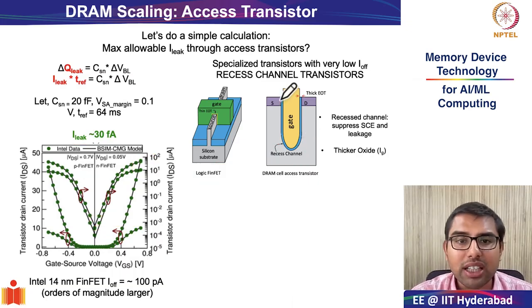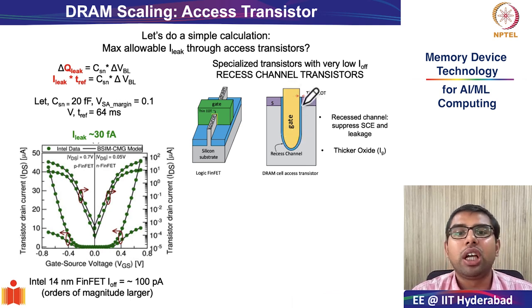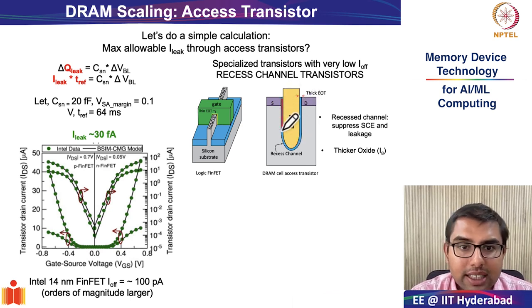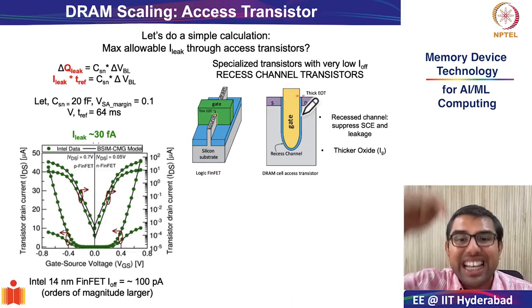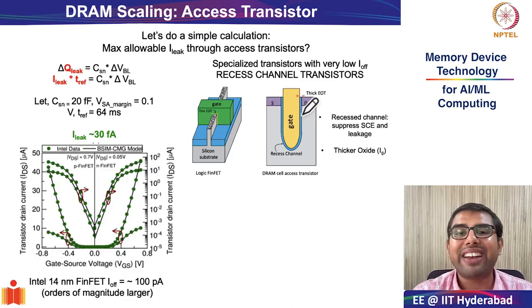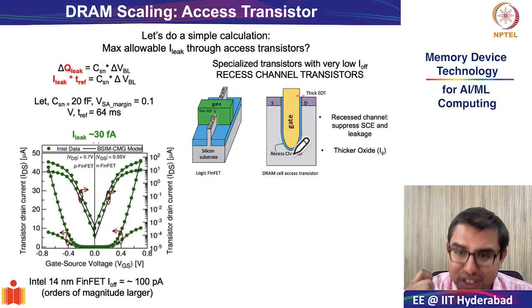So what is this recess channel transistor? In a recess channel transistor, you are creating a kind of trench, and the channel is formed by digging a hole and making the gate finger insert between the source and drain electrodes. How does this help? The notable feature of this DRAM access transistor, the recess channel, really helps to reduce off-state current.